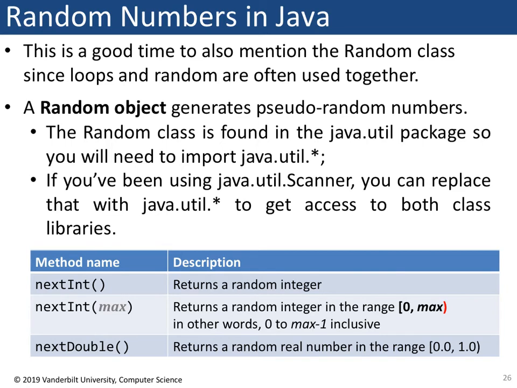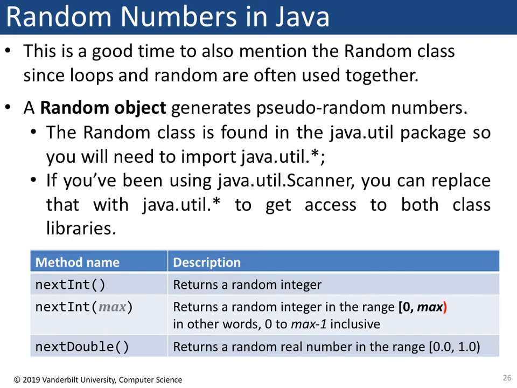So if you've been using the java.util.Scanner import, you can just change that to java.util.*, and you'll also be importing the Random class as well, so you can make use of random numbers. Common methods that are used from the Random class: nextInt is going to get a random integer. You can give nextInt a parameter of max, in which case it will return an integer between 0 and max minus 1 inclusive.